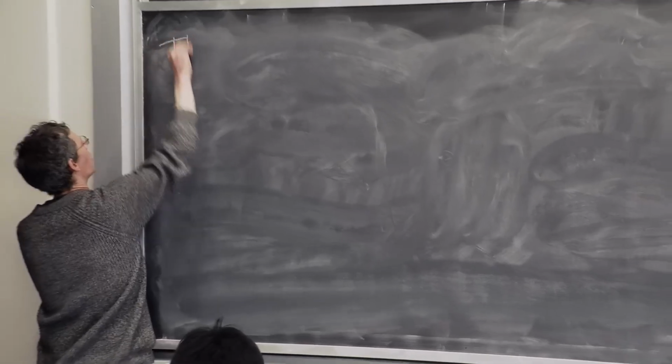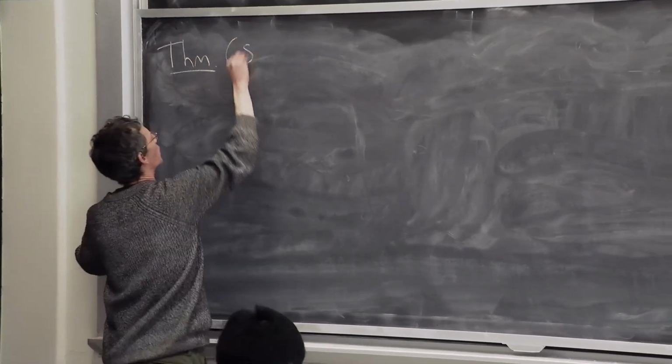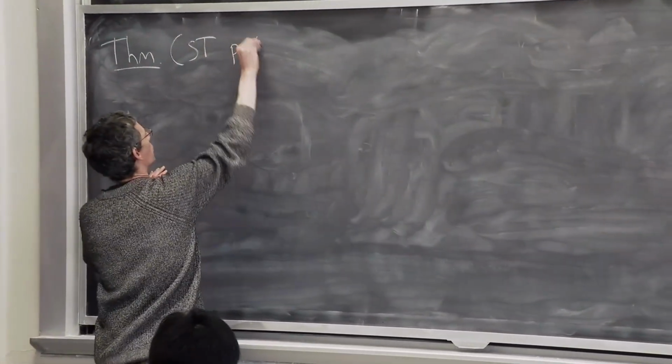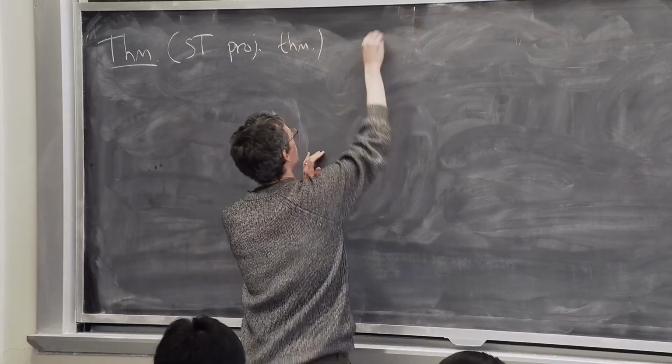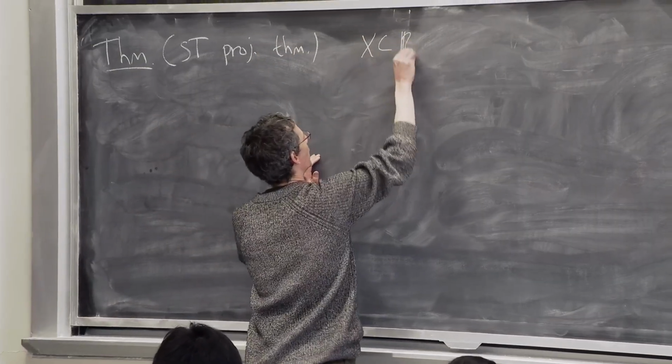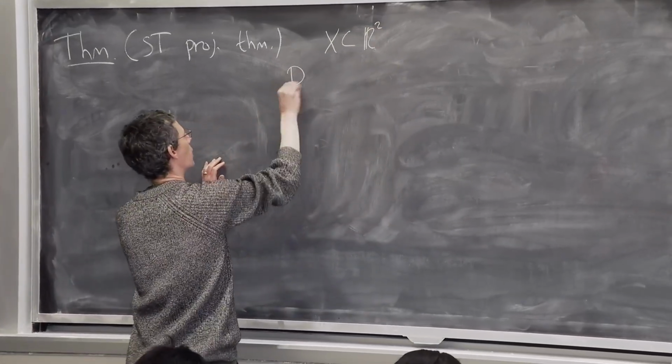What we talked about on the first day, I called the Szemeredi-Trotter projection theorem. The setup was that you have a finite set X in the plane, and you have a set of directions.